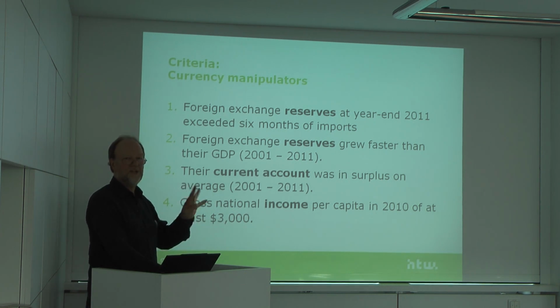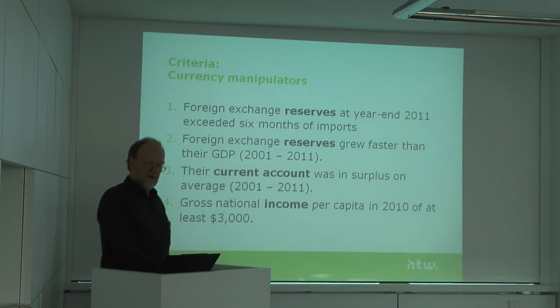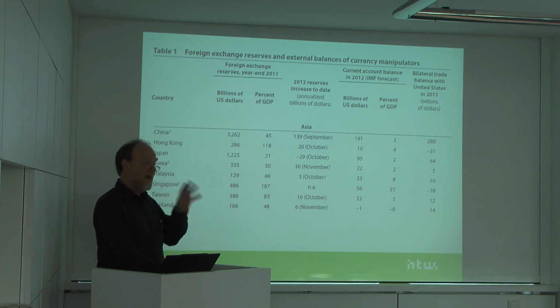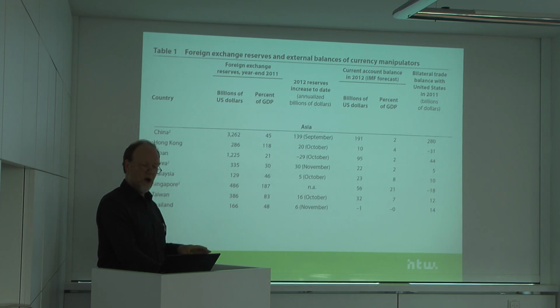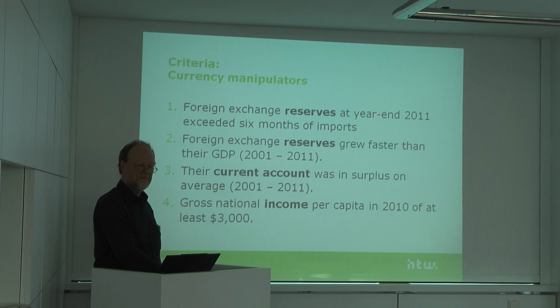So those 4 criteria are used by Bergsten and his research team, and the outcome is, if they look at the real manipulators, they are all part of that latter group, of that third group here.